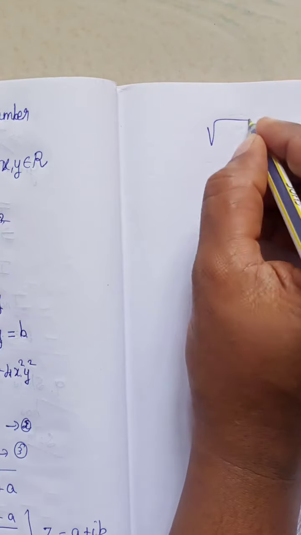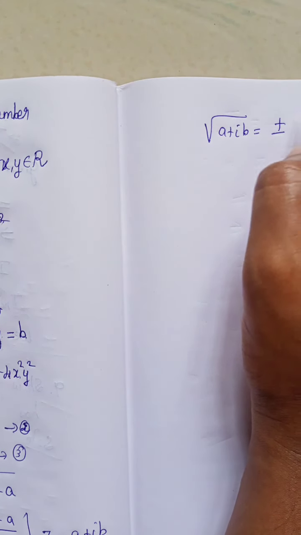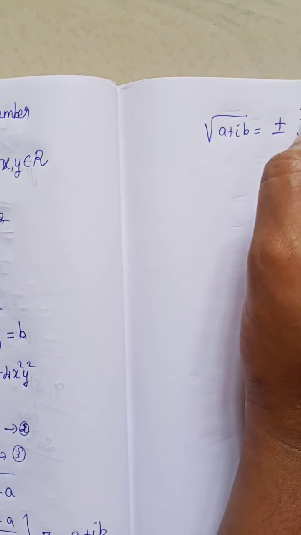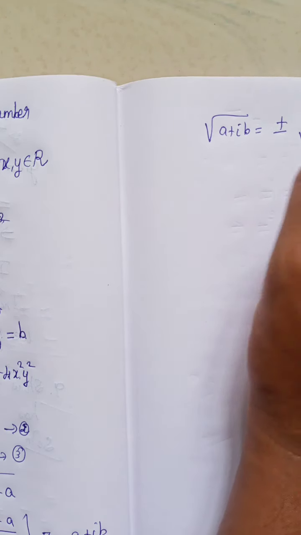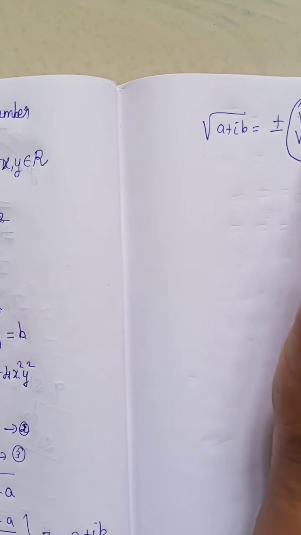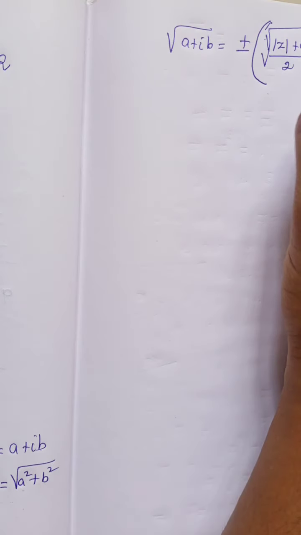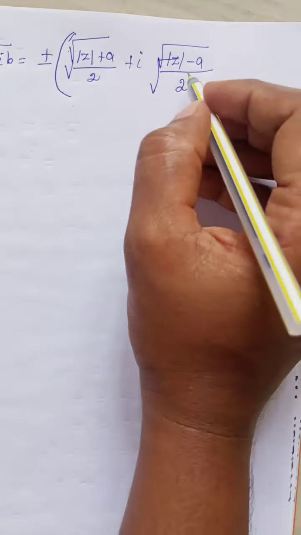See, root of a plus ib is equal to plus or minus x plus iy, isn't it? The value of x we got it: root of modulus z plus a, the whole divided by 2, because I have written modulus z is root of a square plus b square, plus i into root of modulus z minus a, the whole divided by 2.